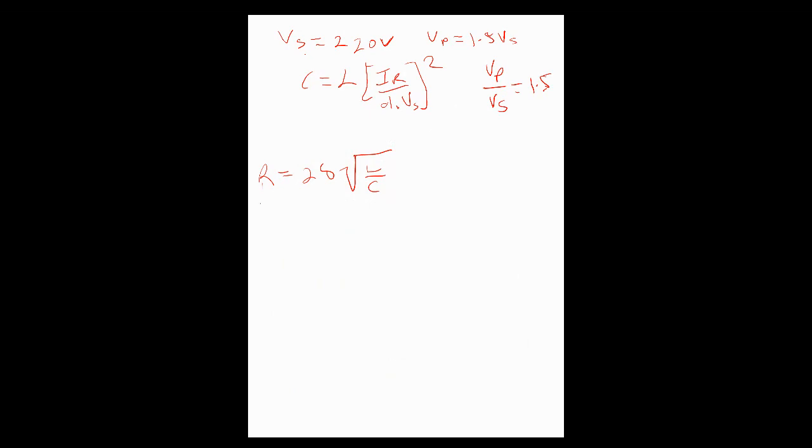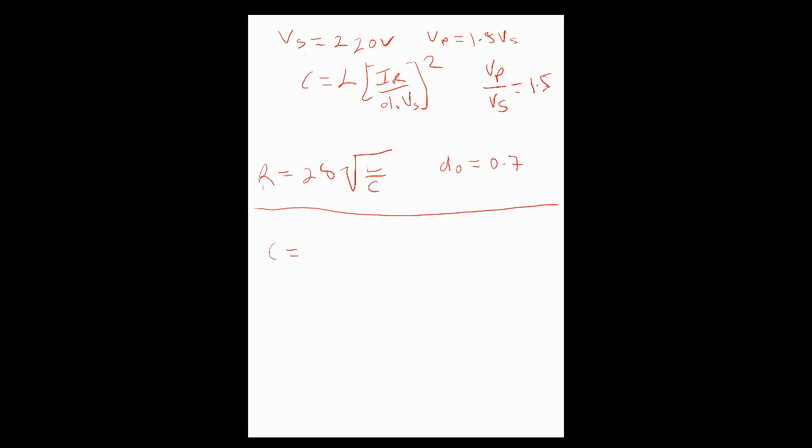So the C. You know that from the graph, your D naught is equal to 0.7. So you're going to now substitute.